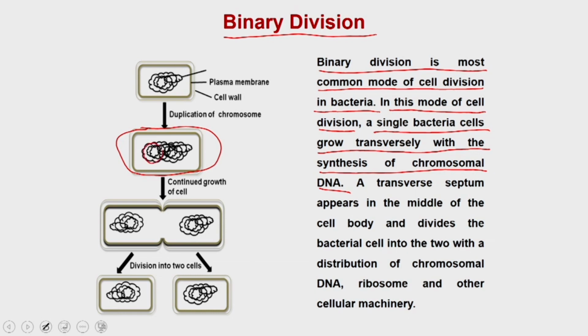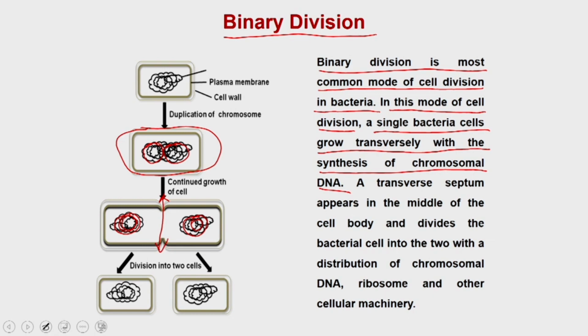What you can see is you have one genome like this, another genome like this, so you are going to have two copies of the genomic DNA. One is in this cell, the other one is in this part, and then there is a transverse furrow which divides this bacterium into two cells.